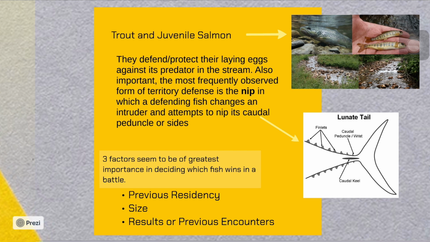Second, the size of the fish: the bigger the size, the bigger the chance of winning. Third, results of previous encounters. An old match can be triggered, but a winner is always a winner in fish behavior.